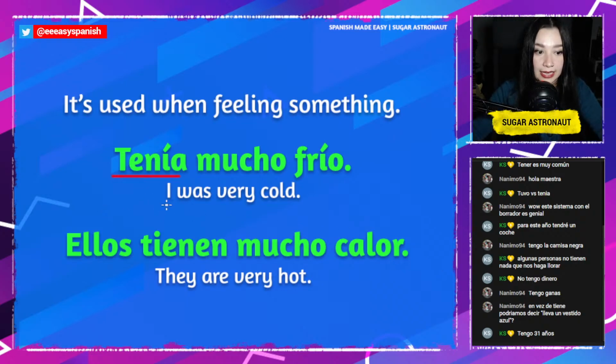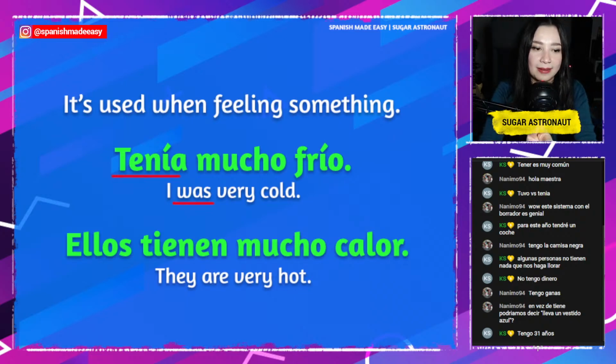And in this case, tener means to be again. You don't say I have very cold or I had very cold. I know it's tricky in Spanish. You are pretty much saying I have or I had very cold. That's the literal translation.